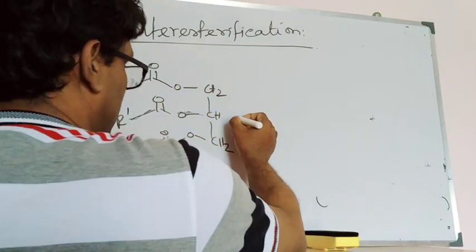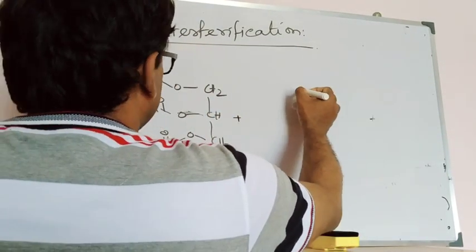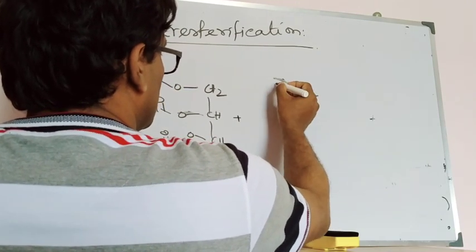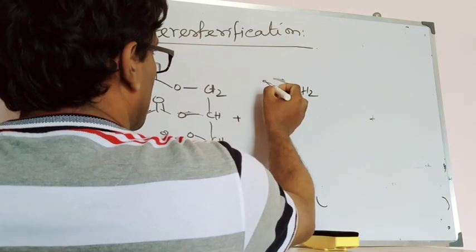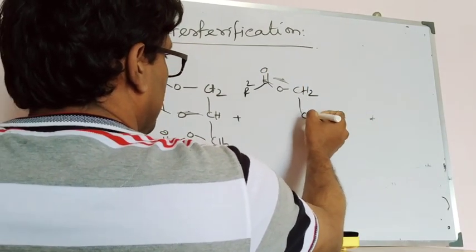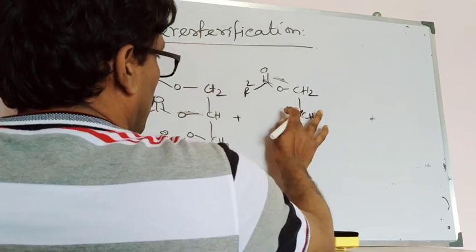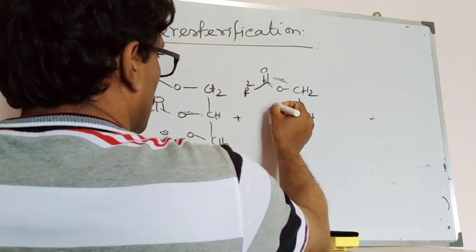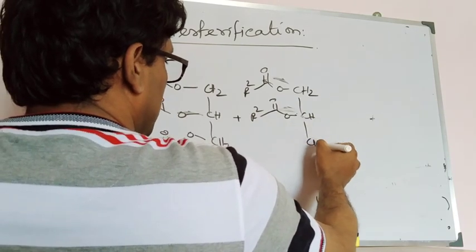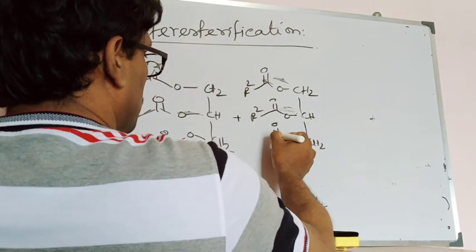Plus, if I take another one, it contains CH2 O C double bond O R2, here will be CH O C double bond O R2, and this one is CH2 O C double bond O R2.